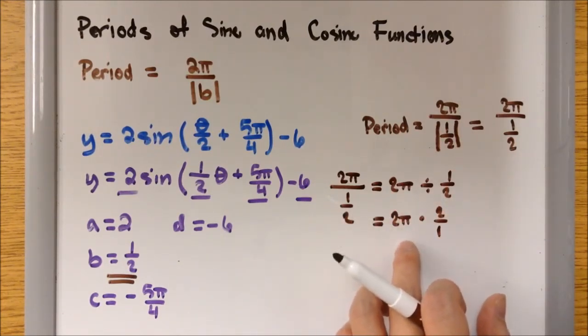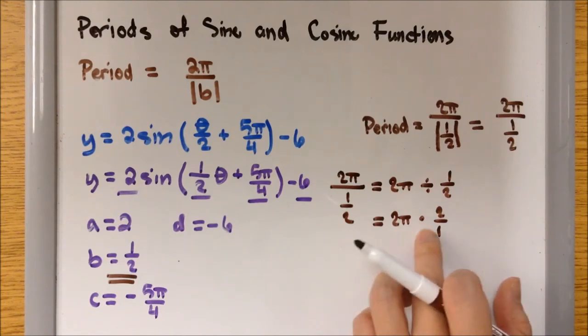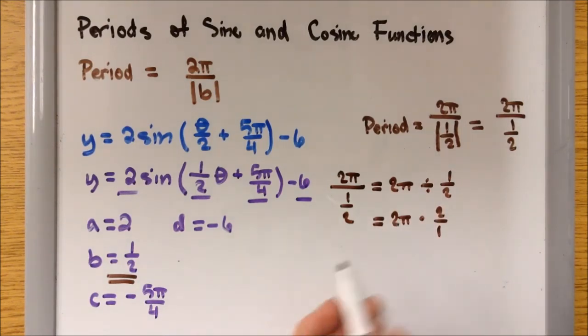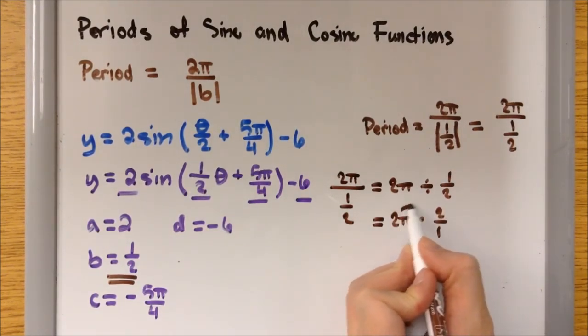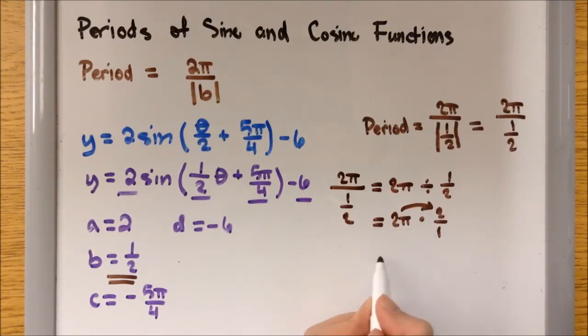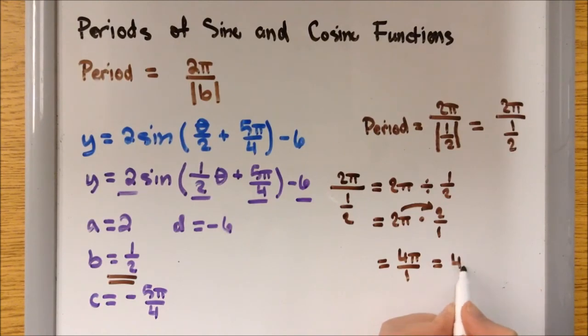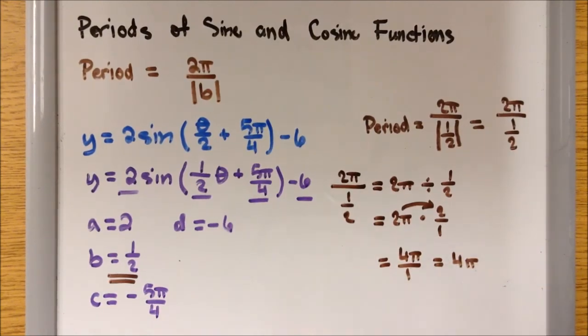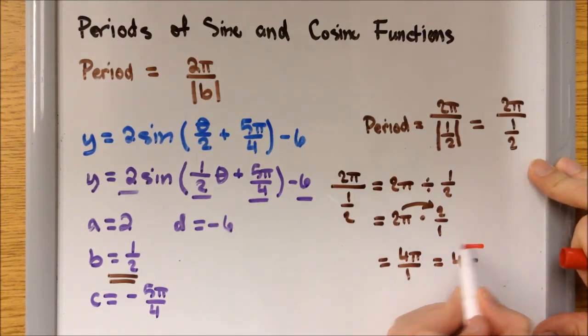Now I change it to multiplication, where it's now 2 pi times 2 over 1. A whole number times a fraction, multiply to the numerator, which is 4 pi over 1, and then we can simplify that. 4 pi divided by 1 is just 4 pi. So our period in this example is 4 pi.